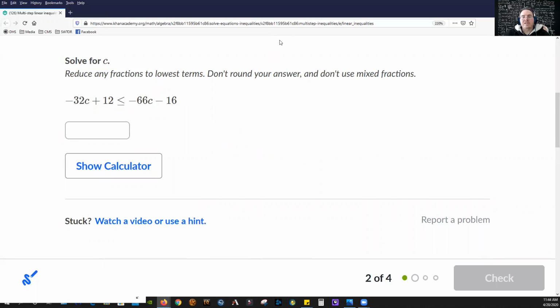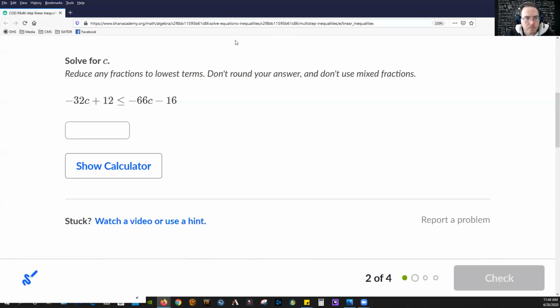What we're looking for is anytime we have to multiply or divide by a negative number, that will cause our inequality to flip-flop. I'm intending to work on these until we get one that does that. Otherwise, you won't think there's any difference between these and equations.